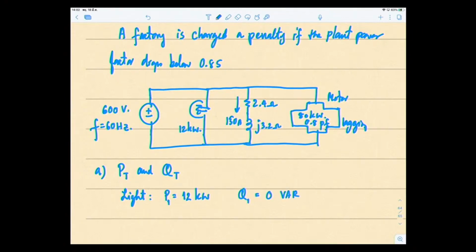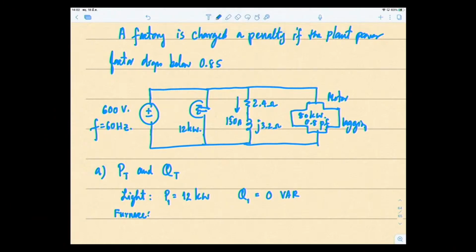Second, the furnace. The values given are the current and the so-called reactive part and the resistive part of the load.